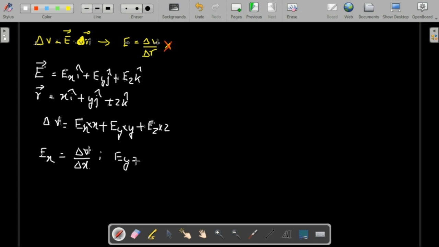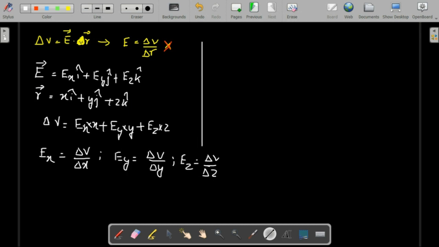Similarly, I can take Ey is equal to delta V by delta y, and Ez is equal to delta V by delta z. So this is the exact scenario here: the electric field along the x direction, y direction, and z direction. And we can now take the ratio, because remember R is xi plus yj plus zk, so we have to keep that into consideration. So that's important, right? And that is why we have done it.